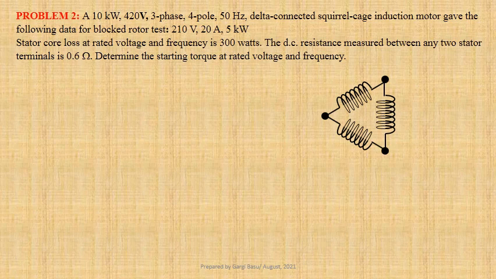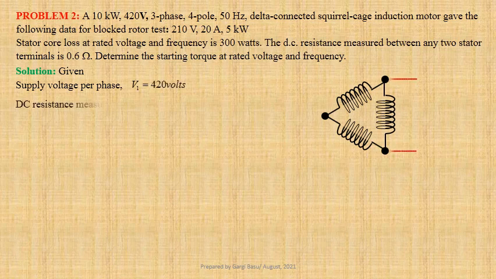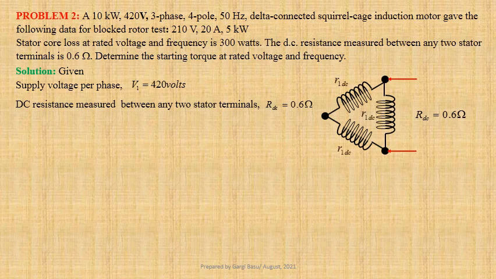Let us first write down the given data. Supply voltage per phase V1 equals 420 volts. DC resistance measured between any two stator terminals RDC equals 0.6 ohm. Let stator DC resistance per phase be R1 DC.